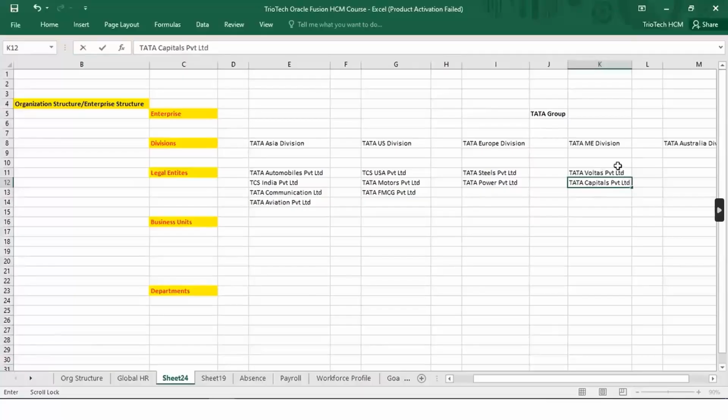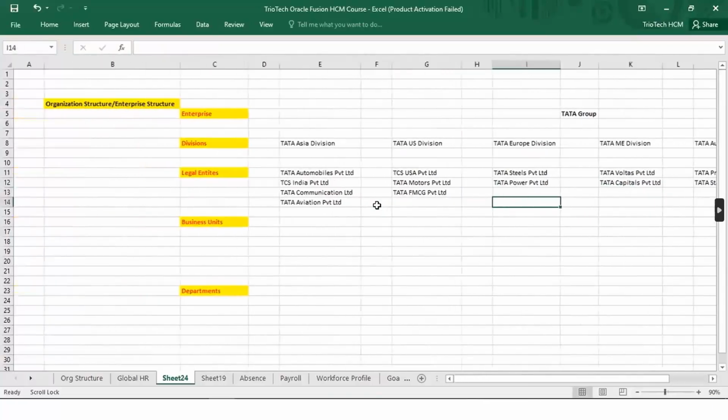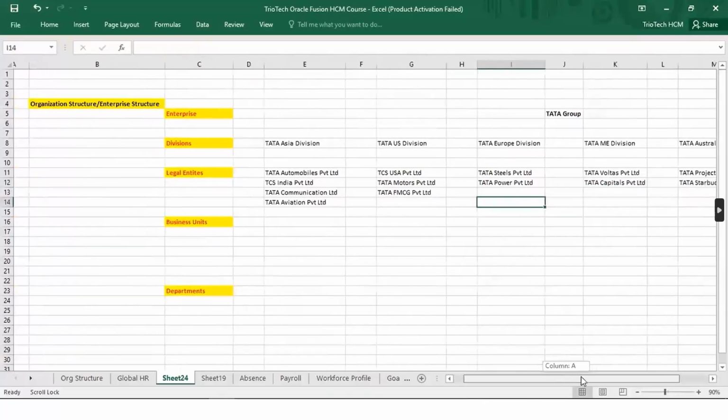Then if you go to Australia division, they have something like Tata Projects. Then they have something like Tata Starbucks Private Limited. Let's assume as of now, I'm just maintaining the information like this, team.